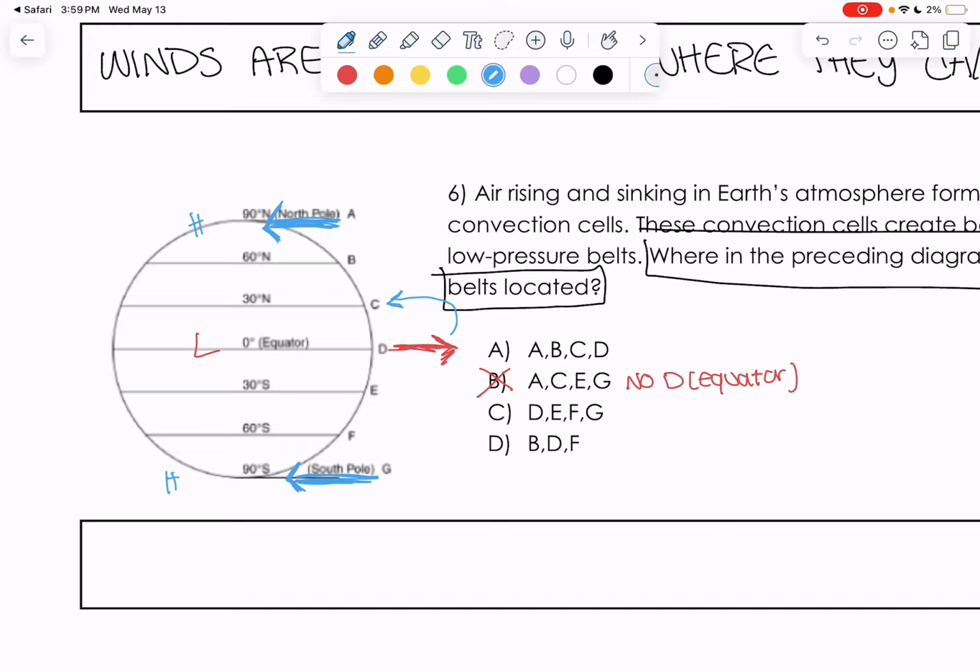That means at 30 degrees north is where that warm air from the equator has cooled off and sank, and the same thing at 30 degrees south down here. We're going to feel winds going from C to D and from E to D because that's going from two high pressure areas to the low pressure area in the middle.